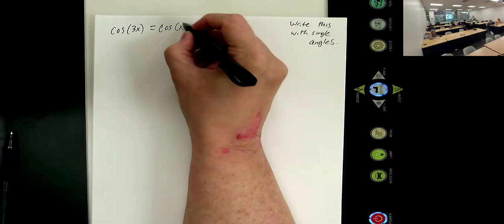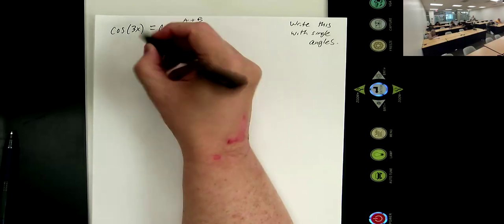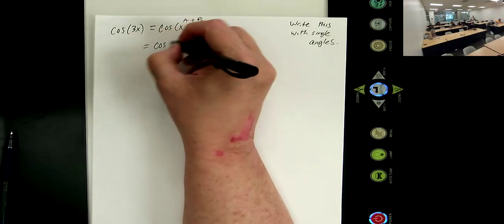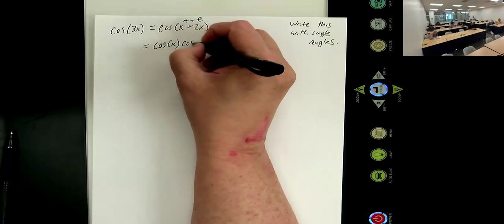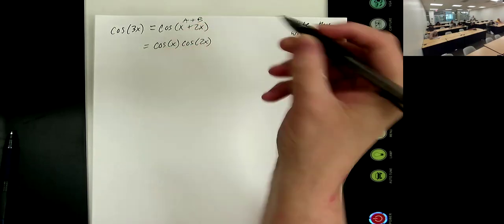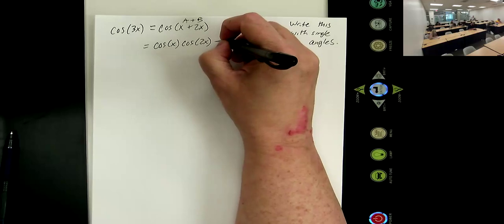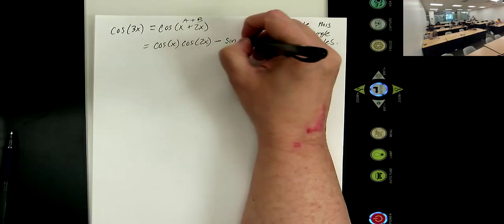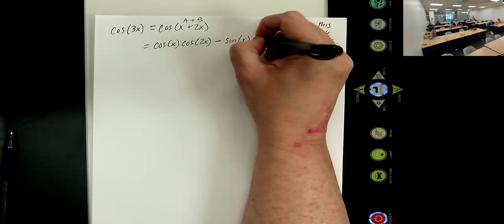So this is A plus B. The cosine formula is cosine cosine, so cosine x, cosine 2x, and then we change signs and do sine A sine B, so sine x, sine 2x.